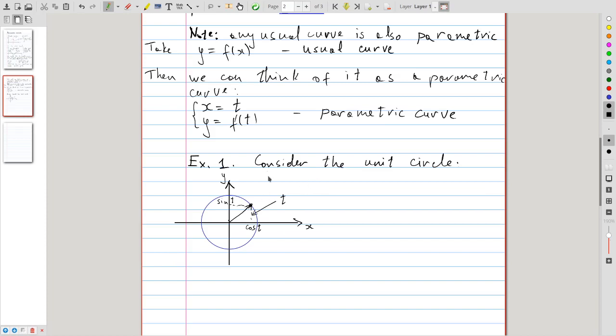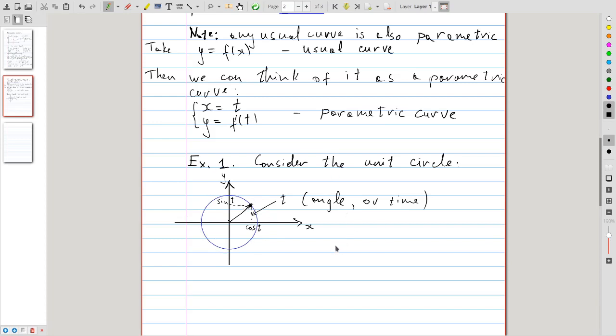In other words, if we think of points of the unit circle as parameterized by the angle t, or if we think of angle as time, so somehow our particle is rotating around the circle as the time goes by, the angle increases. So we are saying that effectively the angle and the time are one and the same. So as time goes by, our particle circles around, making more and more turns.